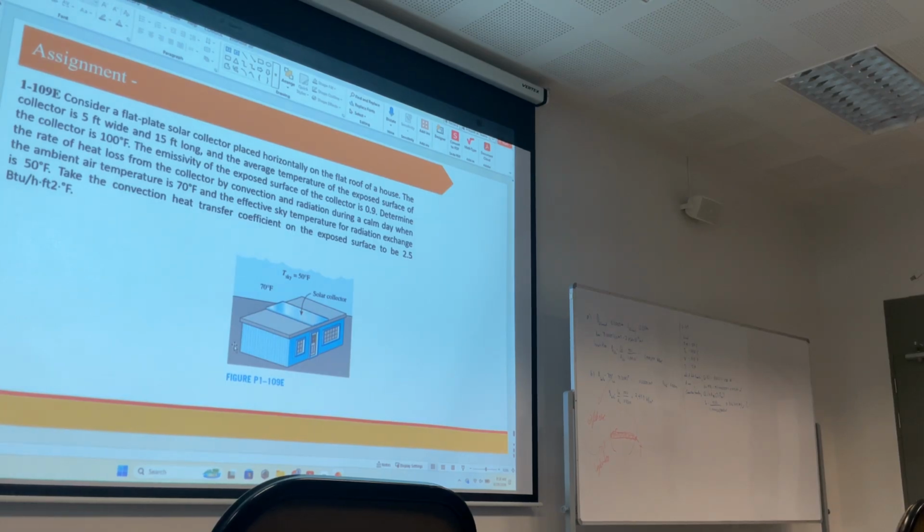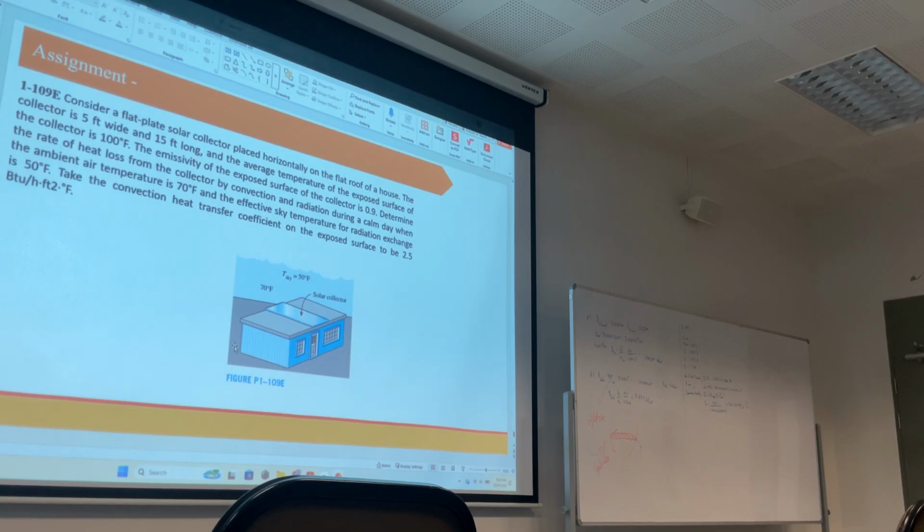Determine the rate of heat loss from the collector by convection and radiation. Okay? Convection plus radiation. During a calm day when the ambient air, meaning outside air, is 70 degrees Fahrenheit and the effective sky temperature for radiation exchange is 50 degrees Fahrenheit. Take the convection heat transfer coefficient on the exposed surface to be 2.5. BTU is British thermal unit, okay, per hour.